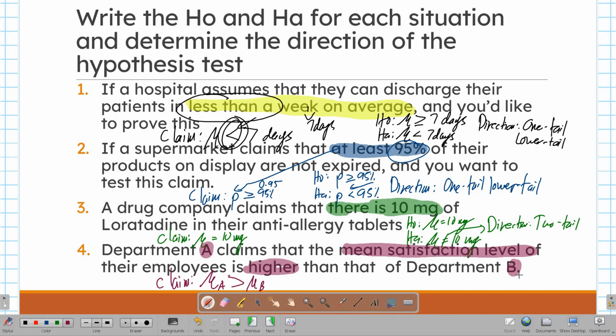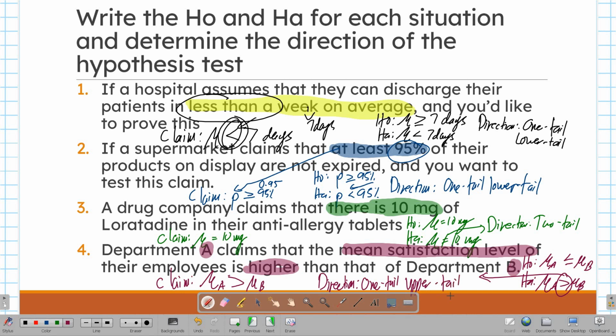This makes it HA: the mean of A is greater than the mean of B. Making its H0, the mean of A is either less than or equal to the mean of B. And with this being greater than, the direction would be one tail, upper tail.